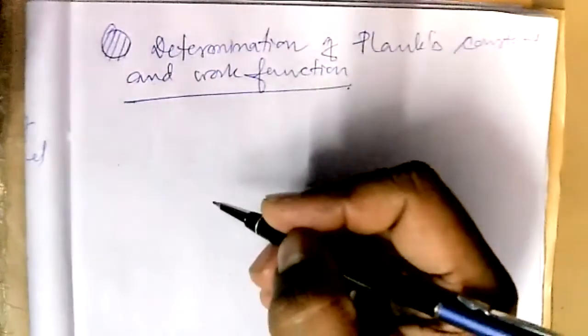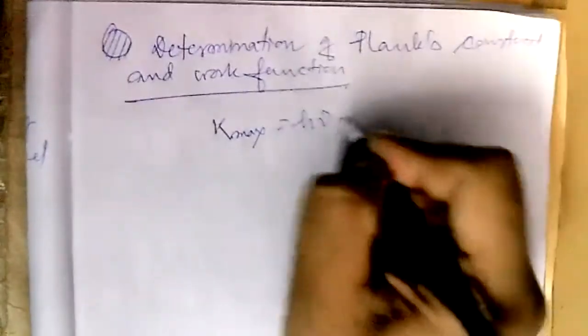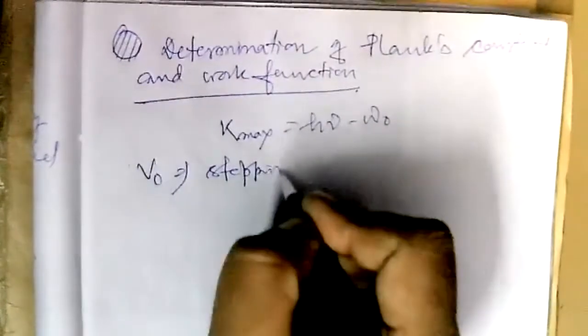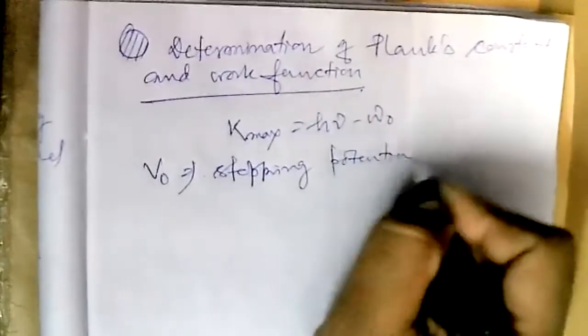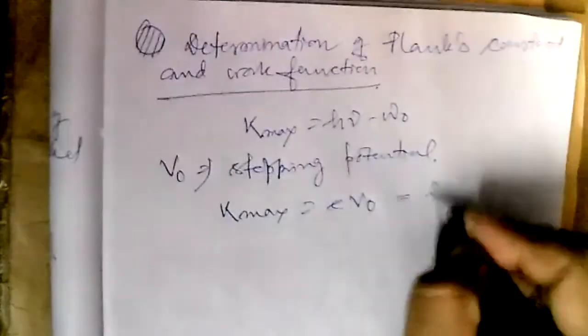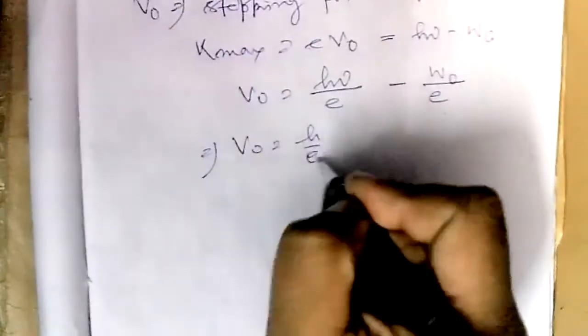According to Einstein's photoelectric equation, the maximum kinetic energy K max equals h nu minus phi naught. If V naught is the stopping potential, then K max equals eV naught, which equals h nu minus phi naught, or V naught equals h nu by e minus phi naught by e, or V naught equals h by e into nu minus phi naught by e.